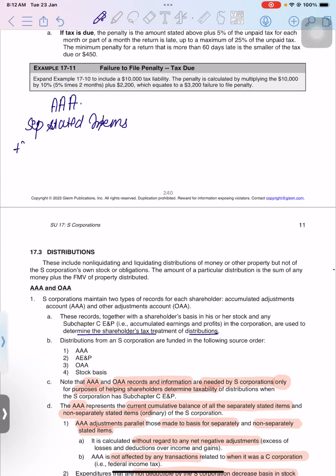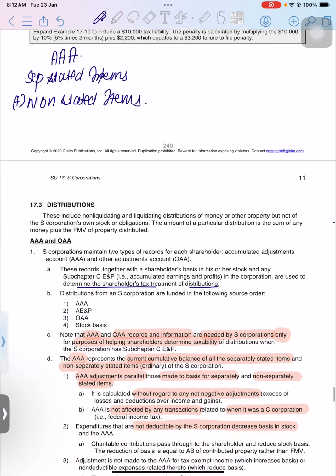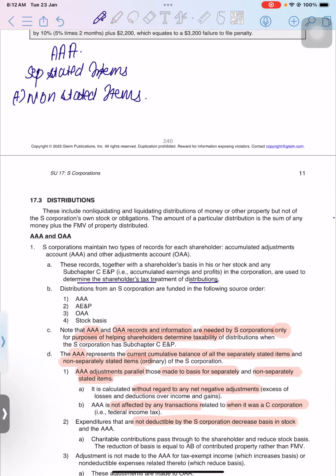So separately plus non-separately stated items. The AAA will also include any of the non-deductible expenses. Non-deductible expenses will reduce the basis in the stock, and AAA will also get reduced.